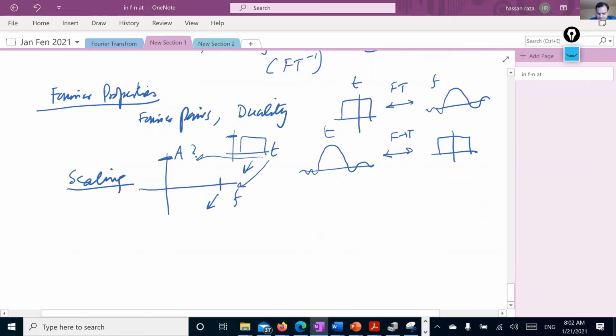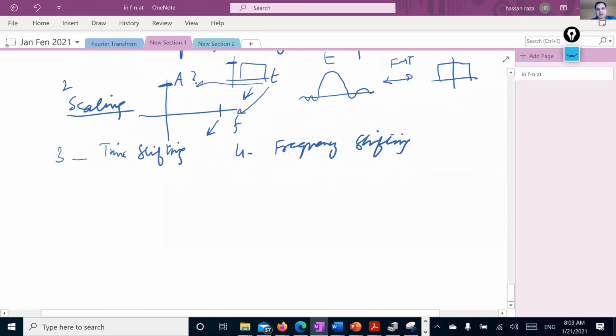So then we talked about other properties. That was scaling, 1, 2, 3. Then we talked about time shifting and frequency shifting. I took you to that simulator and showed you the impact of time shifting. I summarized that what we are actually doing is changing the phase.